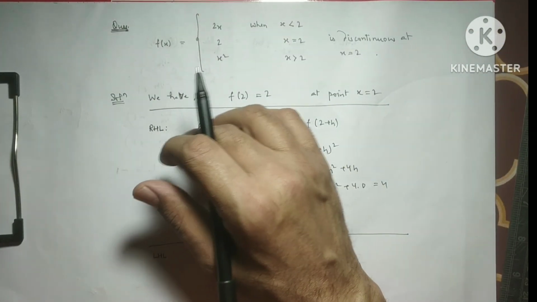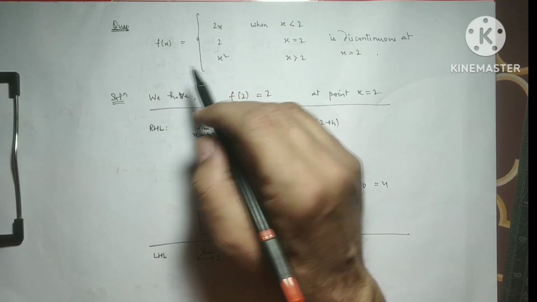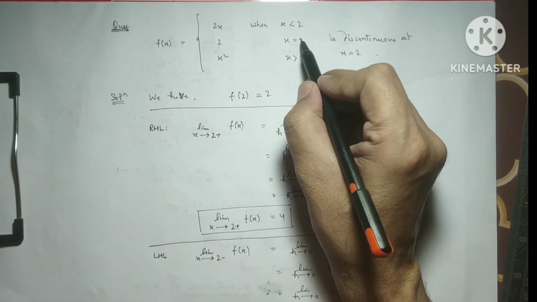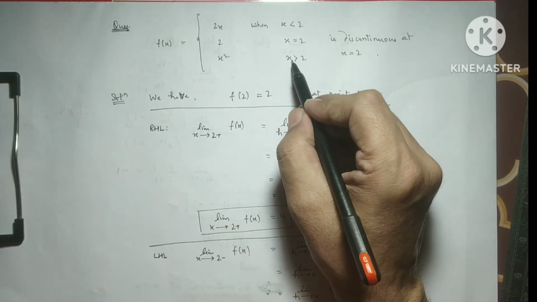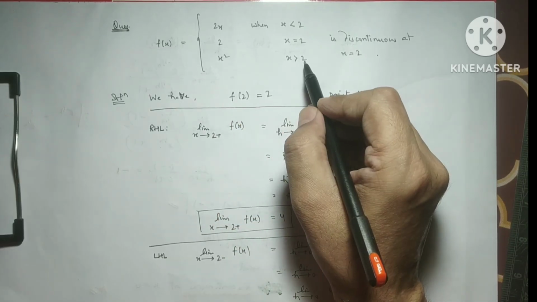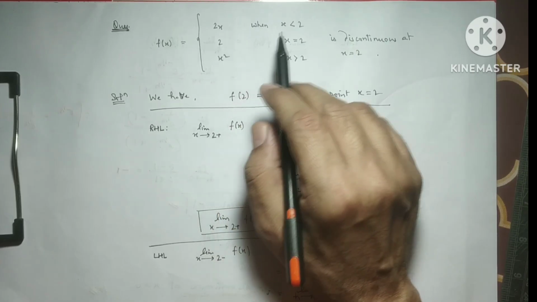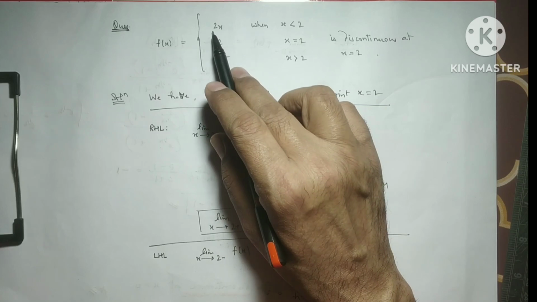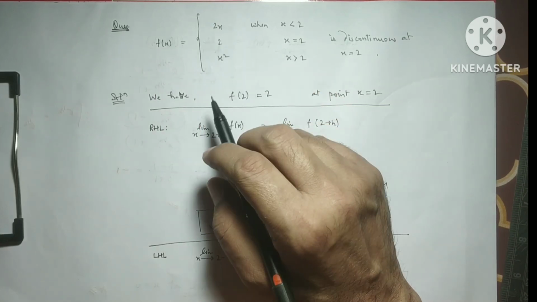Now the next question. Right now this function is defined at x equals to 2. It gives value 2. When x is greater than 2, the function is defined as a x square, and for x less than 2, it is twice x, so double of x.